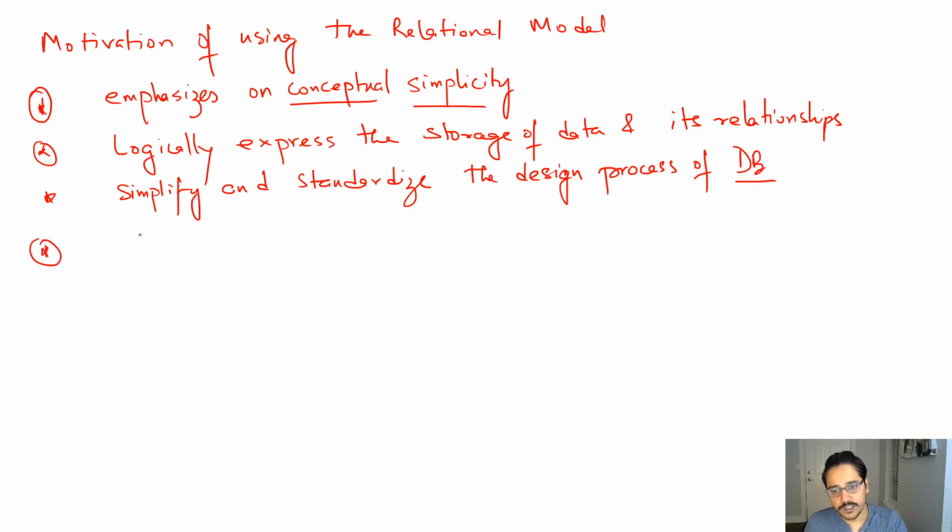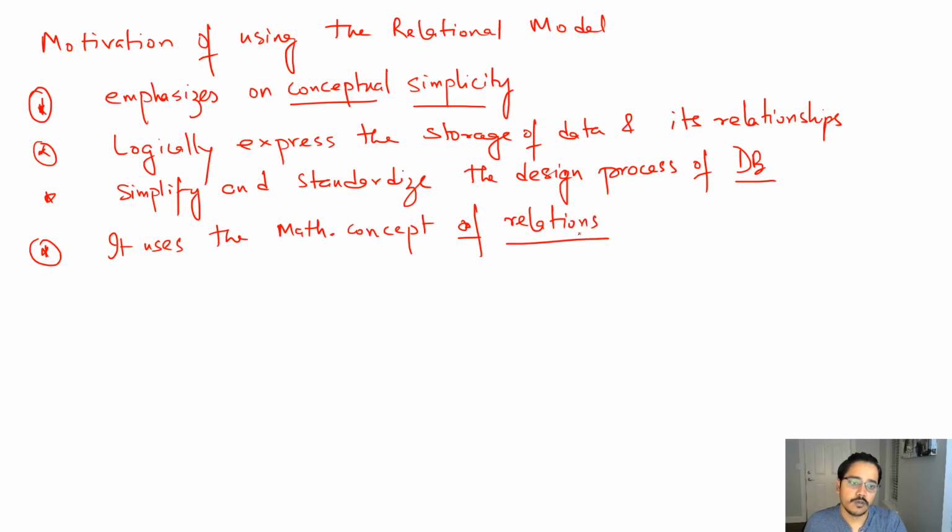So in order to do all this, it uses the mathematical concept which is known as relations, okay, which expresses that the intersection of any column and any row is going to signify a specific data value for that particular row and column. Okay, so that is the logic behind what relations are.